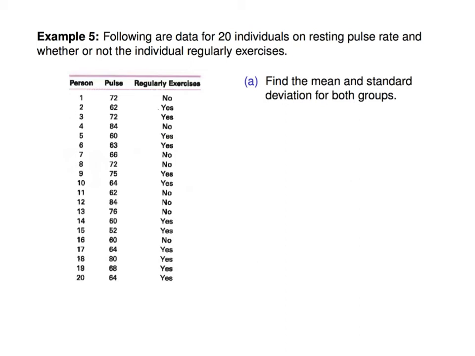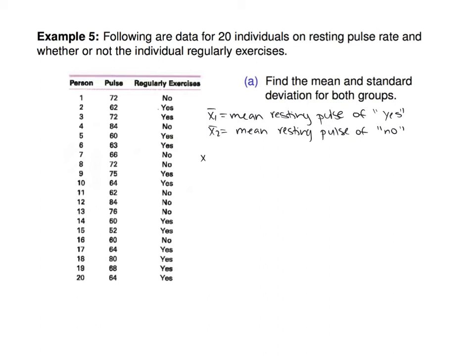So we have the yes group, so we'll let x1 bar equal the mean resting pulse of the yes group, and we'll let x2 bar equal the mean resting pulse of the no group.